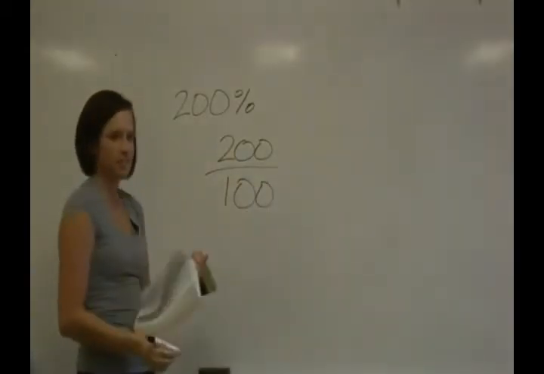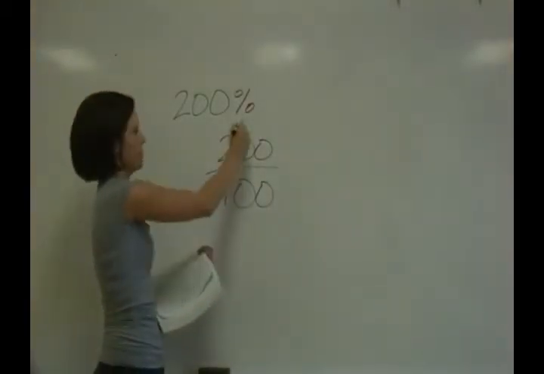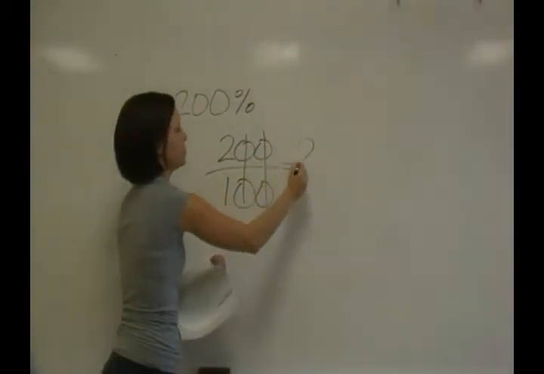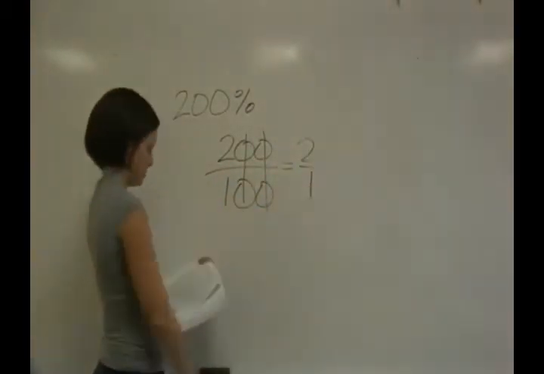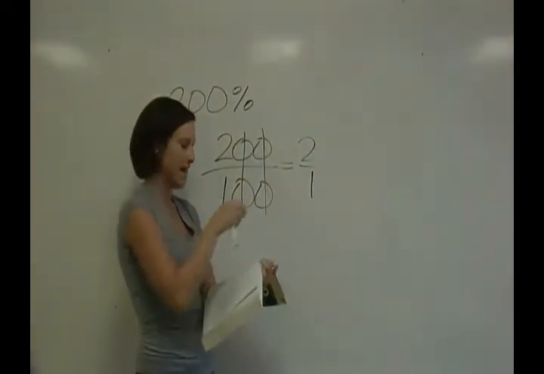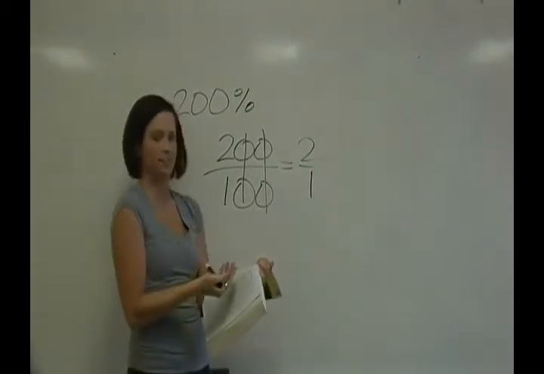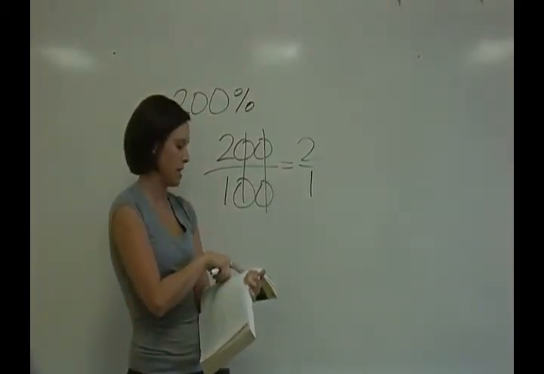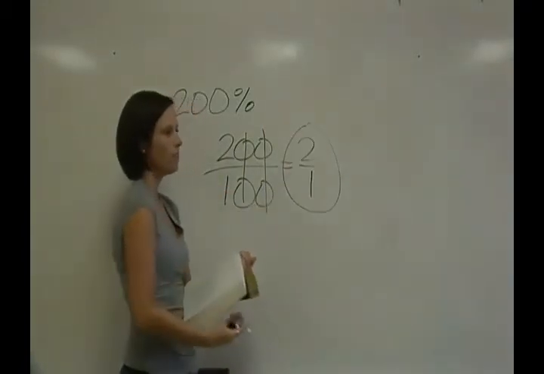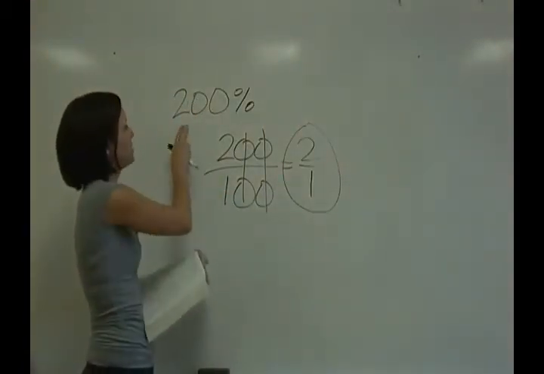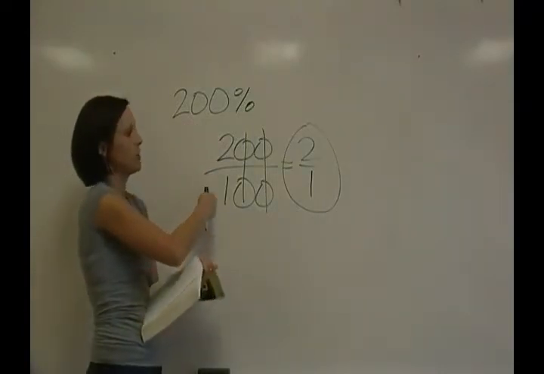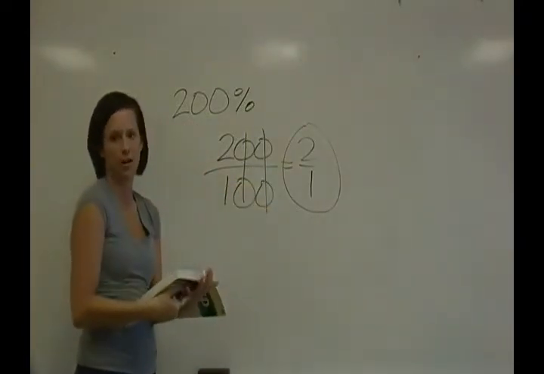When you reduce this, pretty simple, this marks out, and you're left with 2 over 1. And now, that would normally read 2, but it's asking you to put it as a fraction. So 2 over 1 is your answer, and that is selection B. Just remember that percentages are a ratio, so you write it over 100, reduce, and that will give you the fraction.